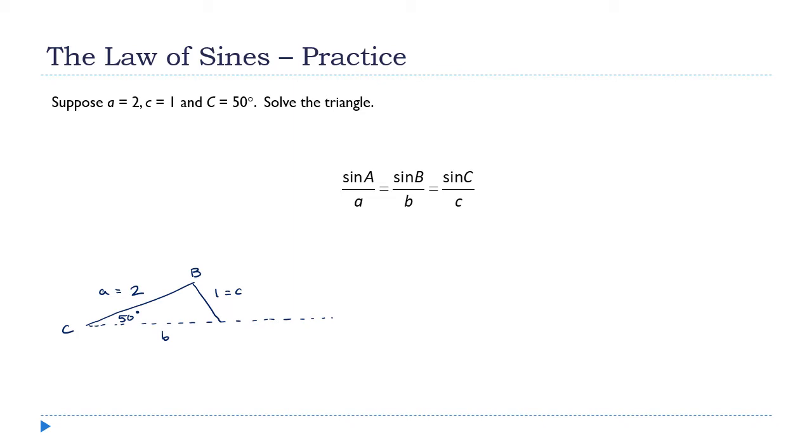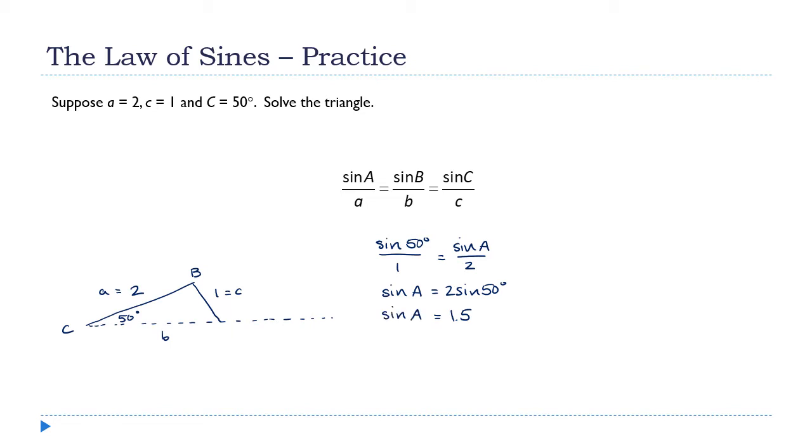So I'm going to say sine of 50 degrees over 1 equals the sine of A over 2, right? And let's see what happens then. I get the sine of A equals 2 times the sine of 50 degrees. And according to my calculator, 2 times the sine of 50 degrees is 1.5.